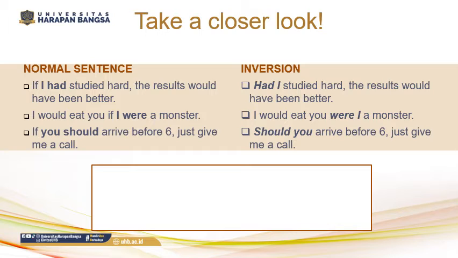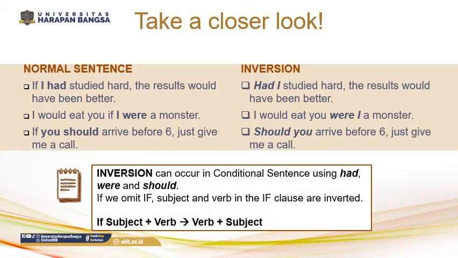Last one, if you should arrive before 6, just give me a call. So here, focus on the if clause. Delete the if and then invert the subject and verb. If-nya kita hapus, lalu subjek dan verbnya kita balik. So the inversion will be, should you arrive before 6, just give me a call.